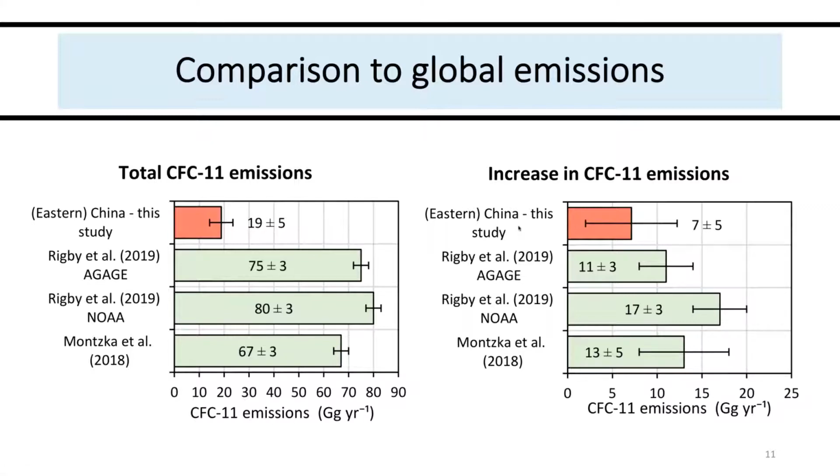You can see the uncertainty around these numbers are larger. The increase in emissions from Eastern China can explain anywhere between 10% and 90% of the increase in global emissions. So it's likely that emissions from Eastern China did have a contribution, but we're not sure how big that contribution was.